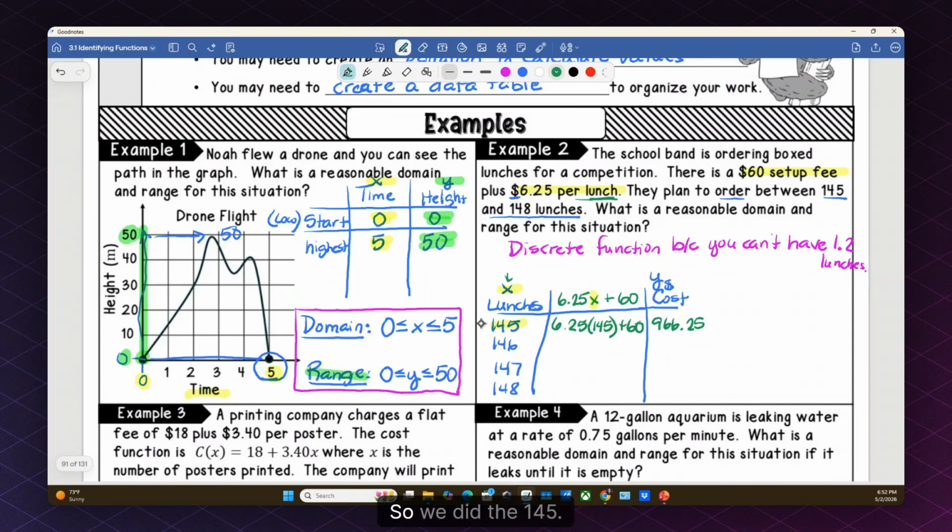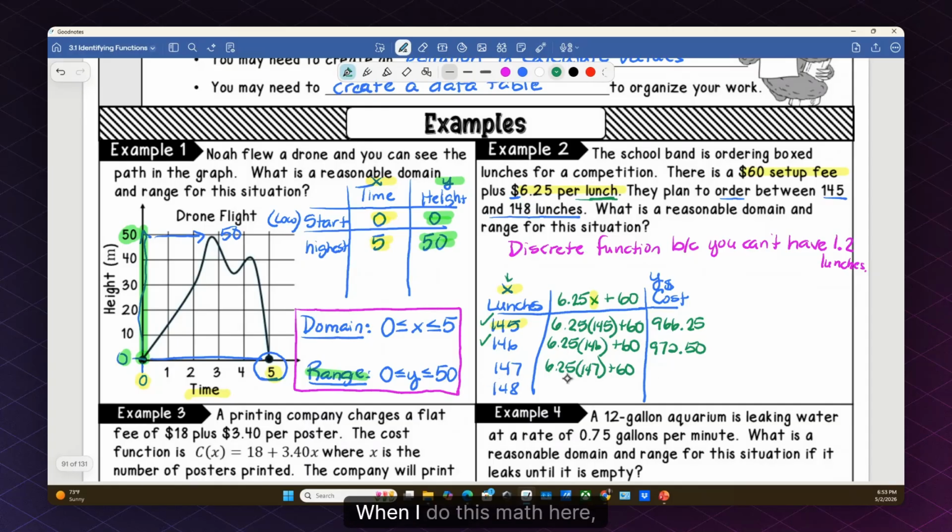We could do that again. So we did the 145. We could figure out what it is for 146. So I'm going to do 6.25 times 146 plus 60. And that's going to give me 972.50. Then 6.25 times 147 plus 60.